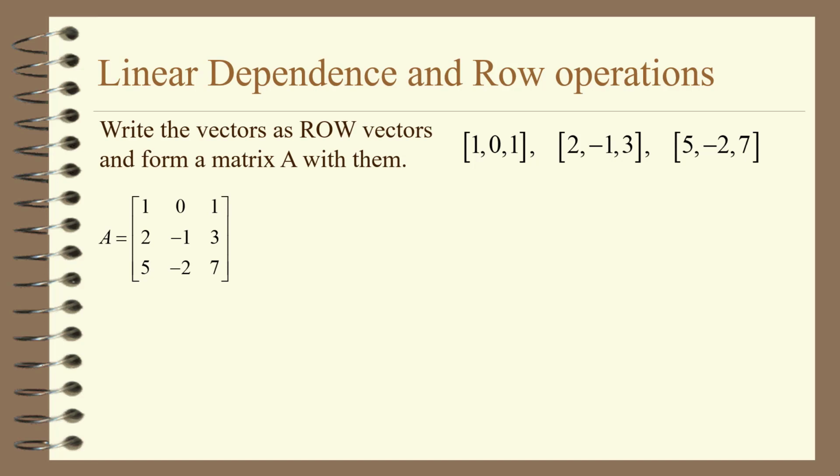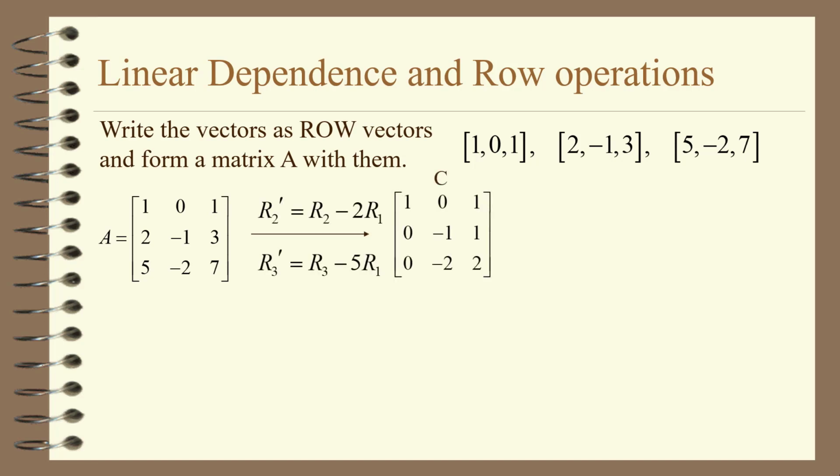So here, take this matrix and perform these 2 row operations in order. That will give us a new matrix, which I'll just call C to make it easy. Also, the rows of A we call R1, R2, R3, but I need to talk about the rows of C also. So I'll call them R1 prime, R2 prime, and R3 prime. Then from here, I'll perform another row operation to get the matrix B. And again, B has rows, and I have to call them something.